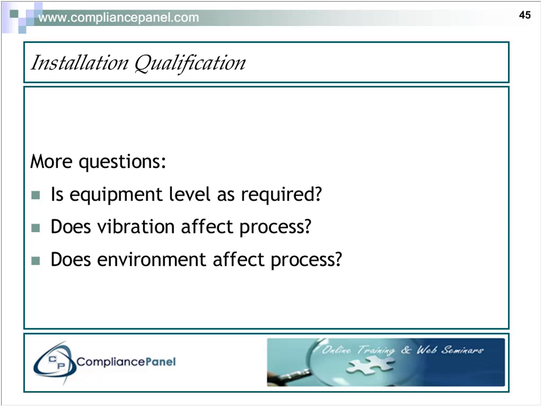We want to make sure that equipment producing parts is producing them to the correct configuration, and most often things that affect that might be things like level equipment. Vibration. Does vibration affect the process? Environment, and again, that's temperature, humidity, and maybe even things like, if you have an RF welder in the area, is there RF floating around that might affect the results?